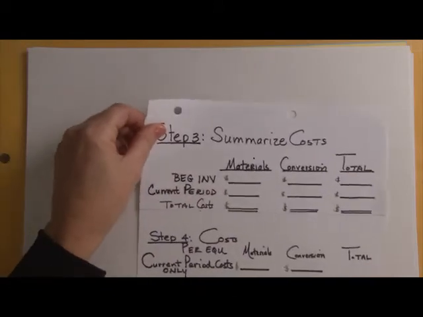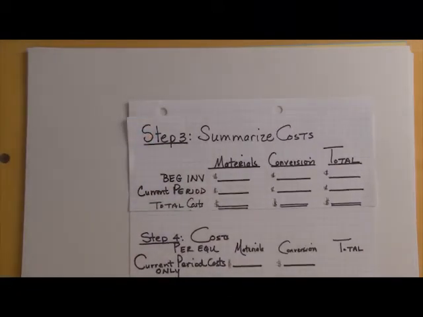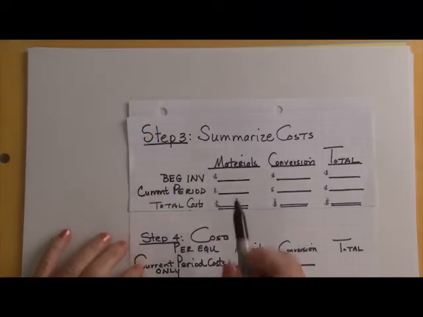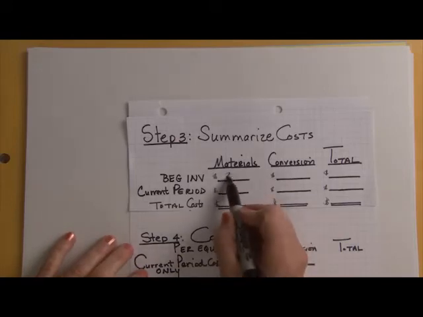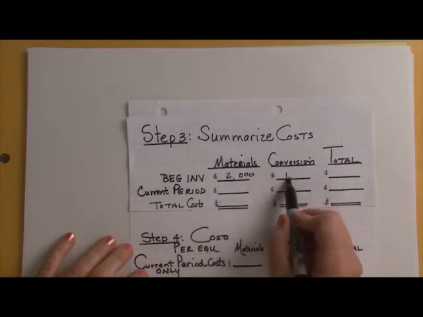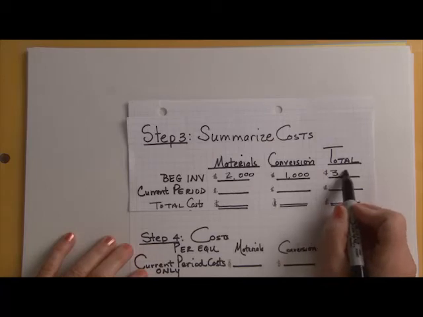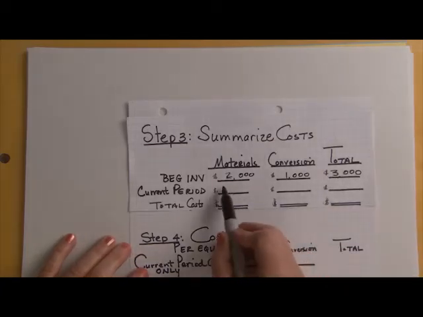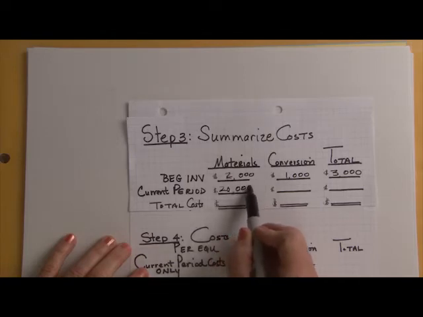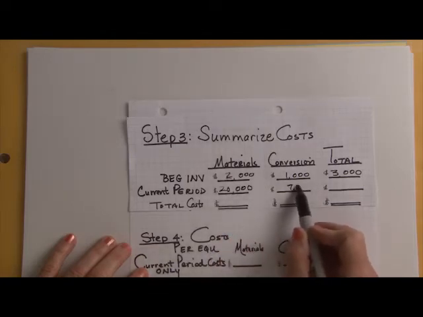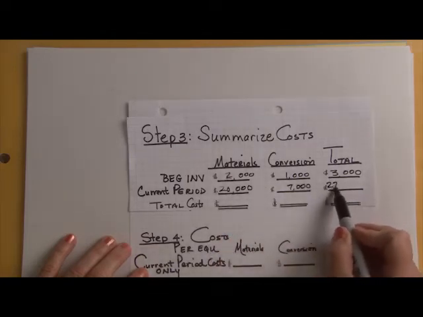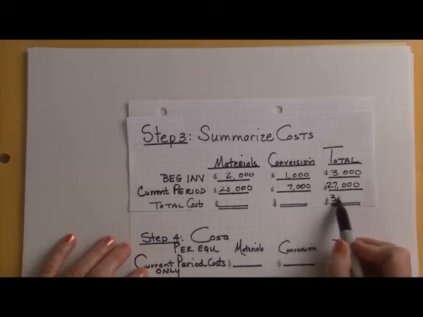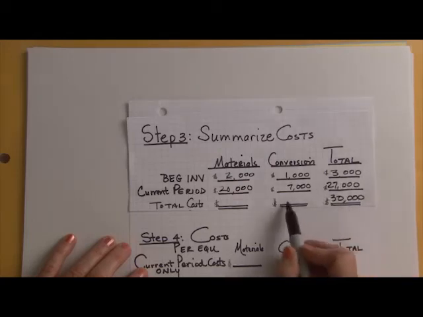Let's go on to step 3, which we said there's really no change. All we have to do is include the costs that were in the beginning inventory, 2,000, 1,000, total of 3,000 for beginning. Our current period costs for the materials were 20 and 7 for conversion. And we can find the total cost.